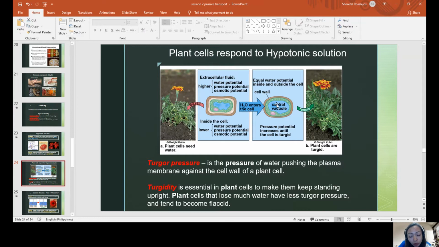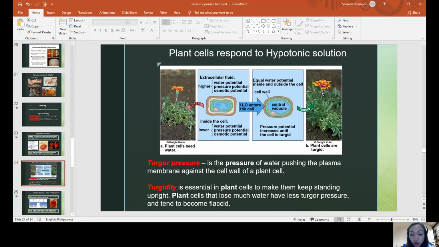So what will happen in the plant cell is that we will have this turgor pressure. Turgor pressure is the pressure where the water is pushing the plasma membrane against its cell wall. So turgid na siya, mo turgid, mo barog, mo stay upright. So that is good actually for the plant.